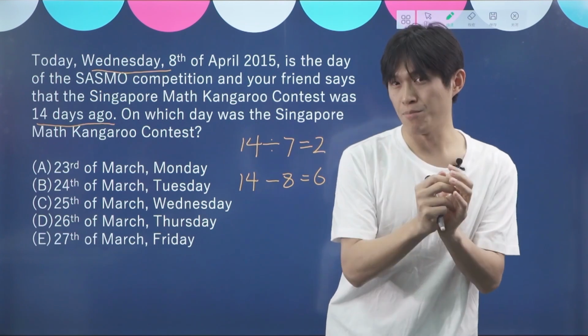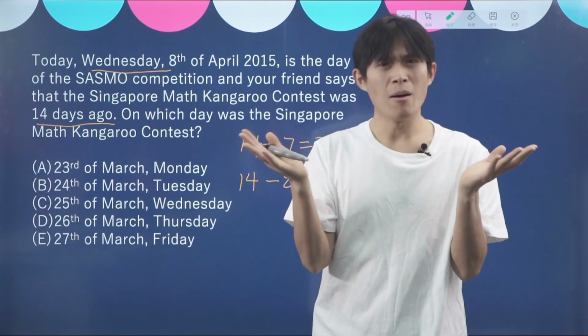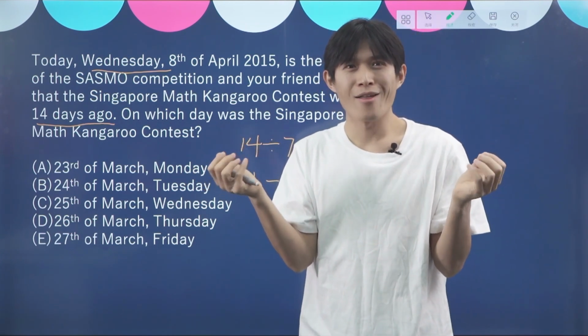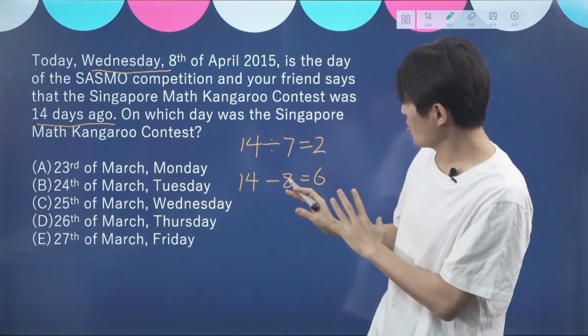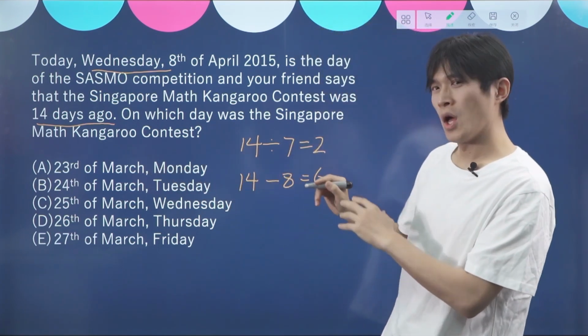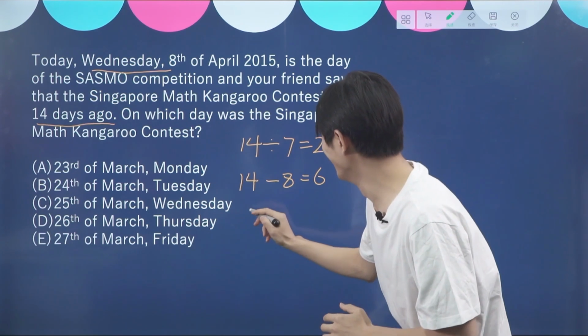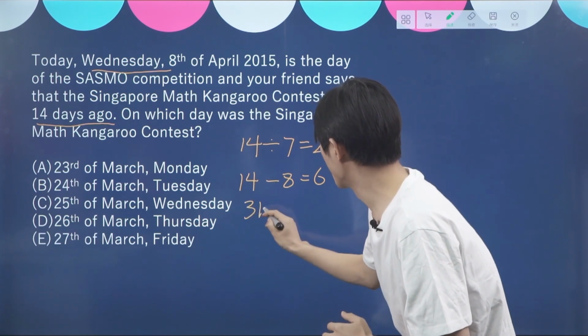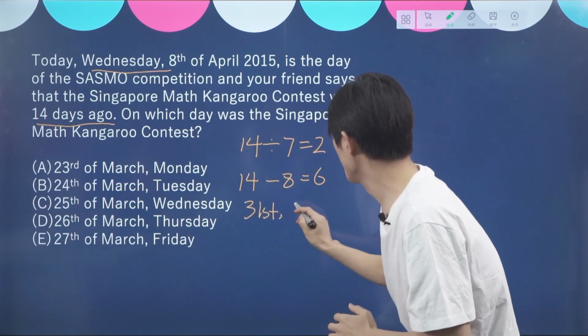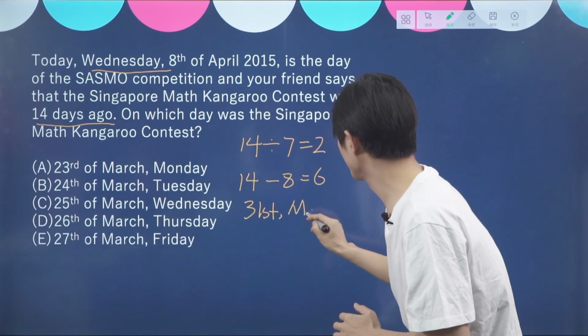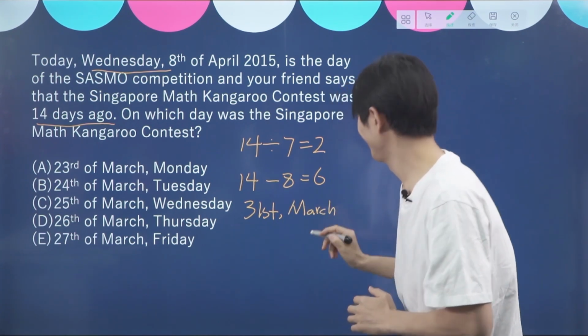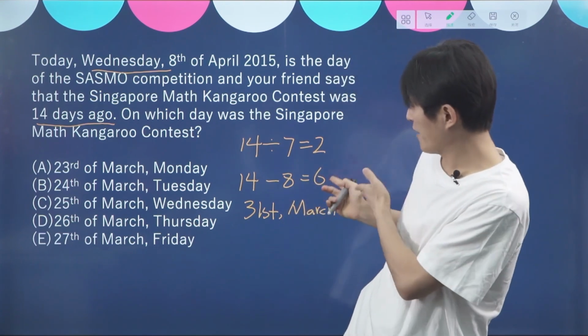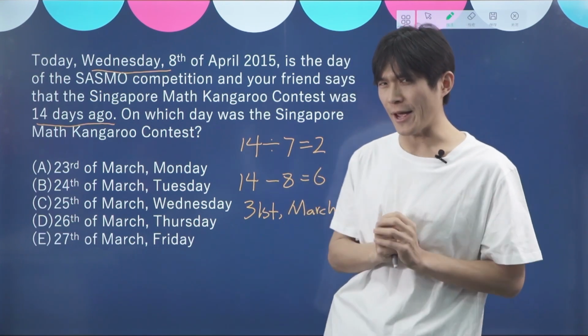How many days are there in March? 31 days. So 8 days ago, we go back to 31st March. Now we still have 6 days.